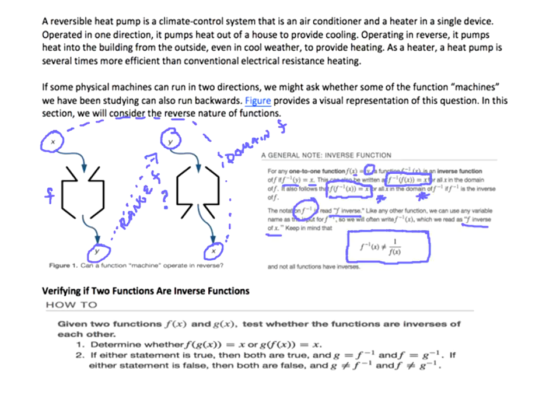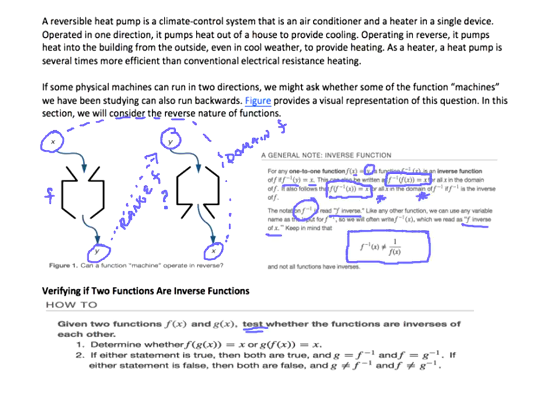So since we can compose both ways and get x anytime we're dealing with a function and its inverse function, that's how you test to see whether or not two functions are inverses of each other.